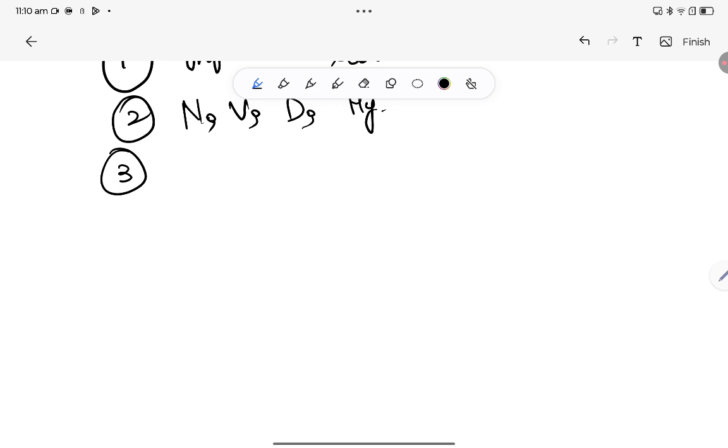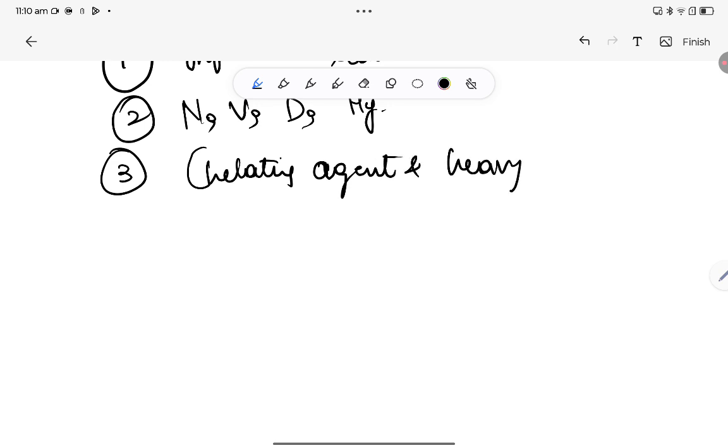If excessive chelating agent is not given, or due to any reason the amount of agent infused is not sufficient, there is always a chance of dissociation of the chelating agent and the heavy metal in the kidney, resulting in renal damage.